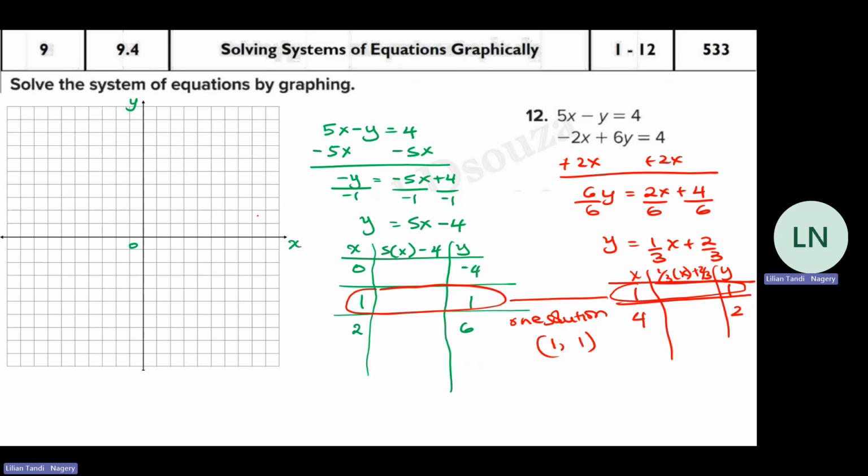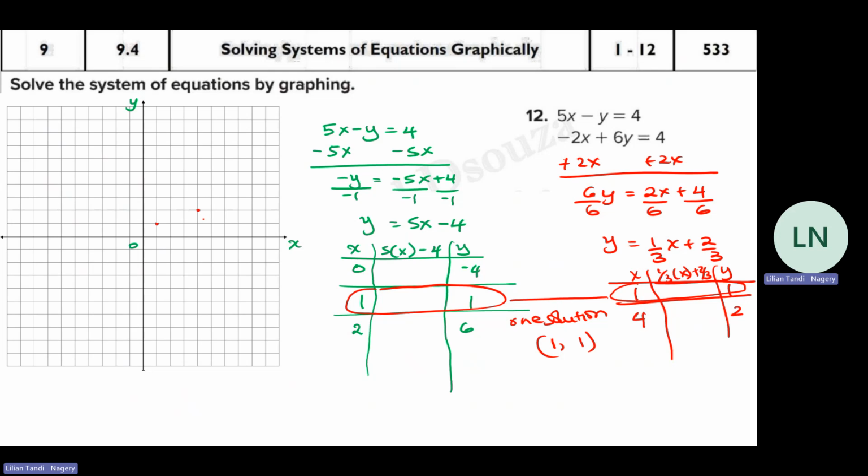I'll do the red line first. My slopes are both positive, so my lines are all going up. Okay, I can go by ones. As you can see, I only have whole numbers. So (1, 1) will be here. And (4, 2).